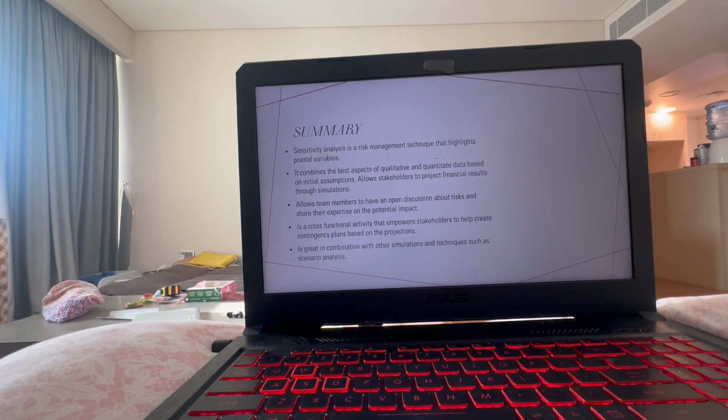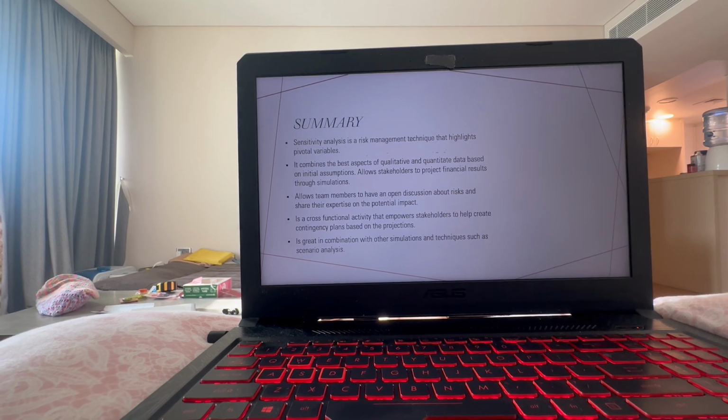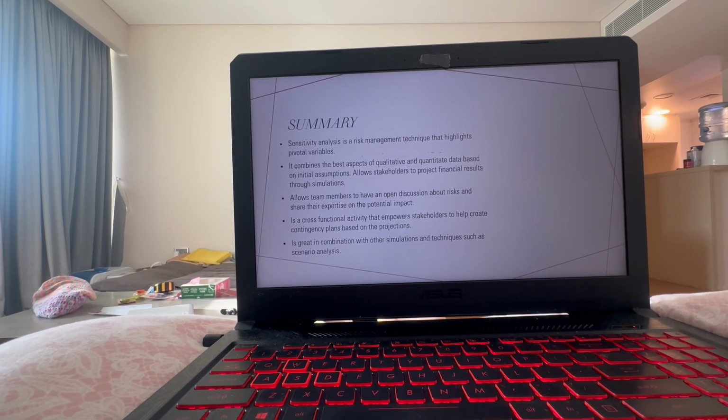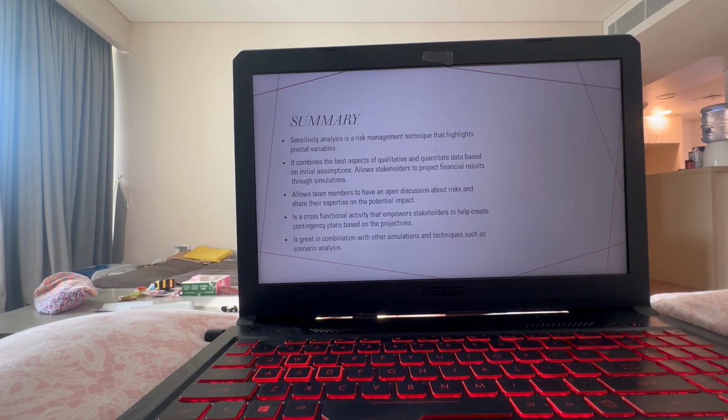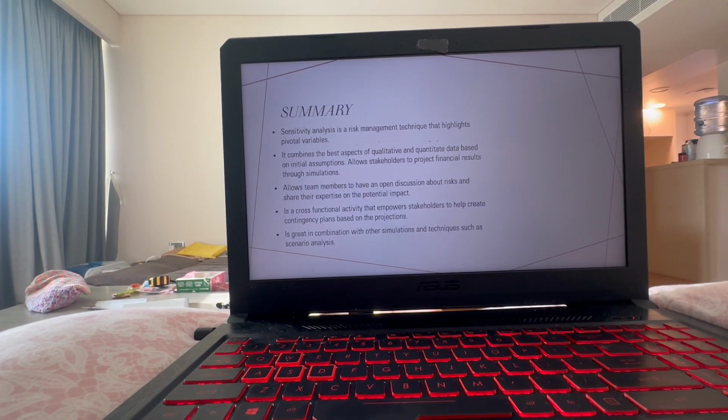It's a cross-functional activity that is going to empower the stakeholders to create contingency plans based on the projections, and it is great with other simulations and techniques such as scenario analysis or, like we were saying, the Monte Carlo simulation as well.